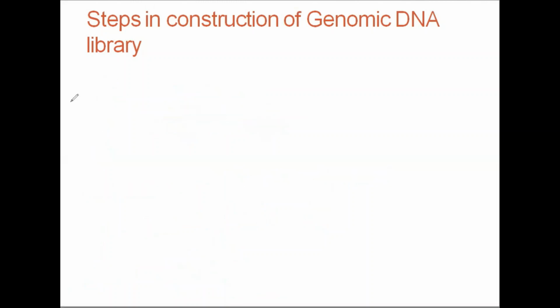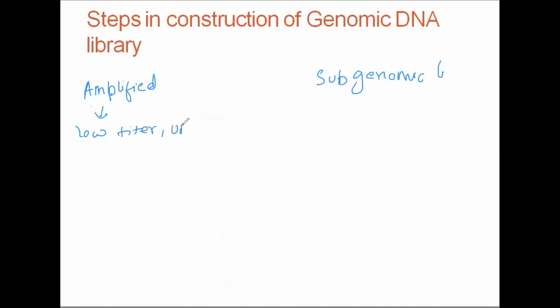Now, you have two types of libraries. One is the amplified library and one is the subgenomic library. Whenever you are cloning a particular DNA or fragment, it has a low titer and is a bit unstable. So the stability and titer can be increased by amplification.